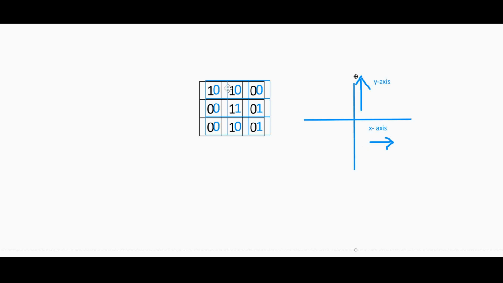So what the question is saying is that we have to find the maximum number of occurrences of 1 where both matrices have the same value of 1, not 0 but only 1. So here it's 1.